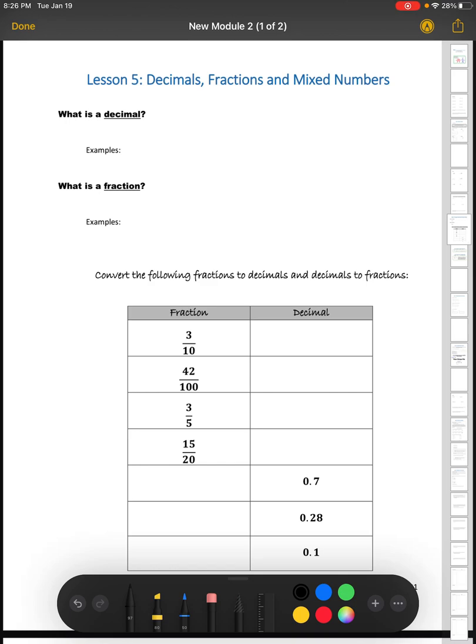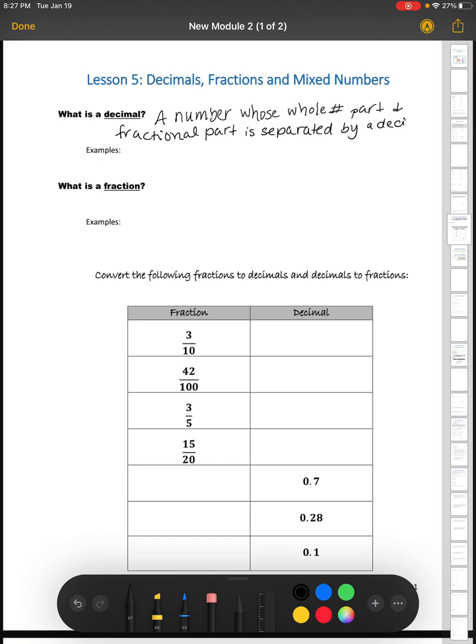The first thing we need to define is what a decimal is. I'm going to write this on here, and you can feel free to do the same in your module. It is a number whose whole number part, I'm going to abbreviate slightly, and fractional part is separated by a decimal point.